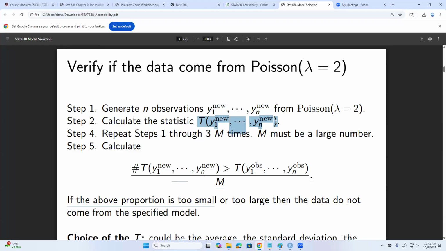If it is very far from the observed statistic, that means there is a discrepancy, right? And what is the source of that discrepancy? Maybe the observed data is not coming from my assumed model, irrespective of the distribution of the statistic.